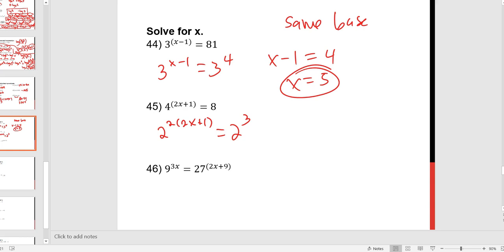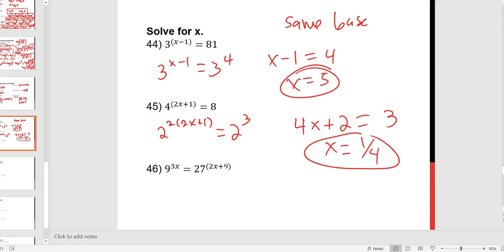Using the power rules, this becomes 4x plus 2 is equal to the other exponent 3. Subtracting, you should get 1, and then dividing, you should get 1/4. This one, 9 and 27, can both be written as base 3.